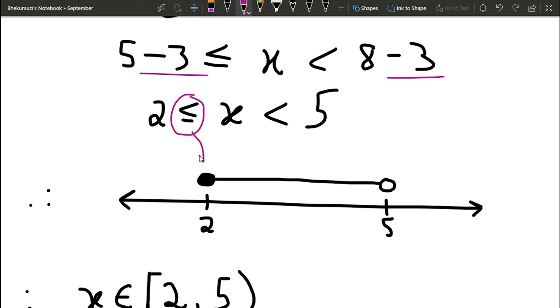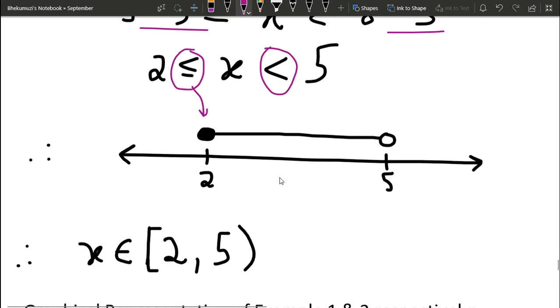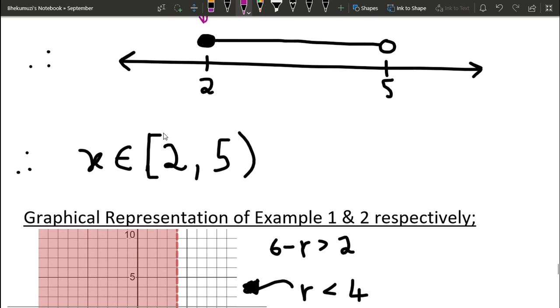So when you write your number line, you must make a closed, black dot where you fill all the color in, and when it is just greater than or less than, then it is an open dot. And when you write it in interval notation, a square bracket means that it's including 2, and when it's not including 2, it is an open bracket.